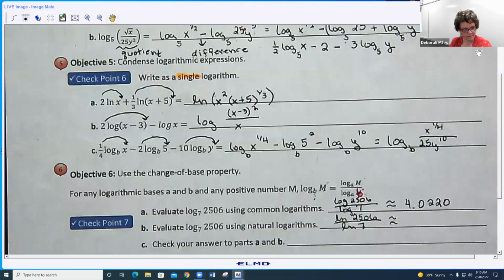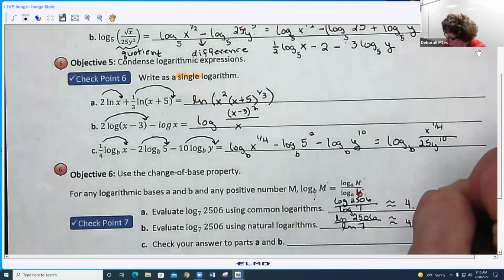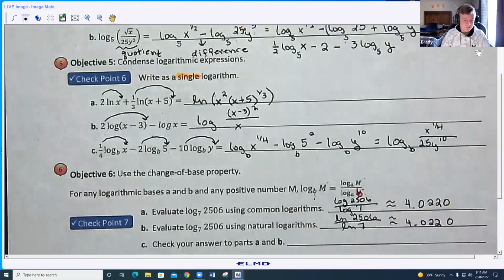Do you, Brady? You don't? Oh, goodness. Miss Emma, did you get the same thing? Brady, I think you just punched something wrong. Punch it again. I don't have a calculator with me, so I can't do this, and that would not be easy to do in your head.